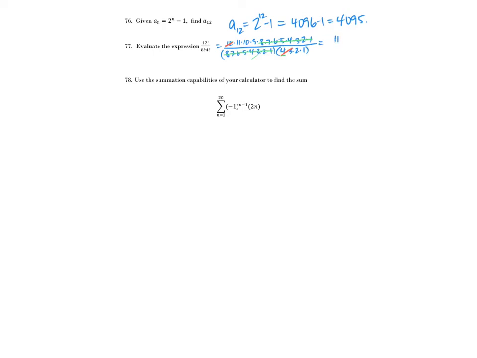I'm left with 11 times 10 times 9 all over 2. So I can get that 2 out of that 10 there, and I'm left with a 5. So I have 11 times 5 times 9. So that's 495.